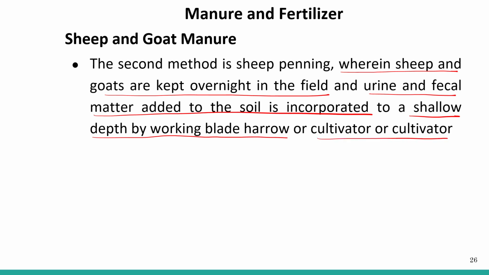So with the help of a cultivator and blade harrow, we can make a trench, and for a night we can keep our sheep or goats there. Whatever droppings, urine and fecal matter of these animals are present in that trench can be incorporated into the soil and converted into manure.